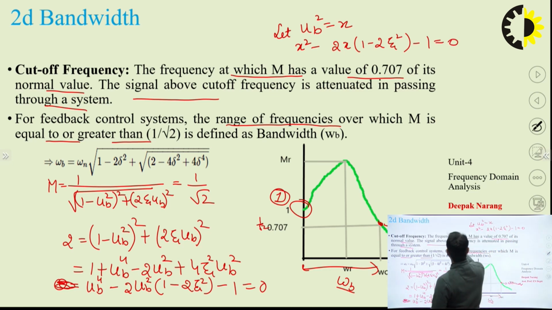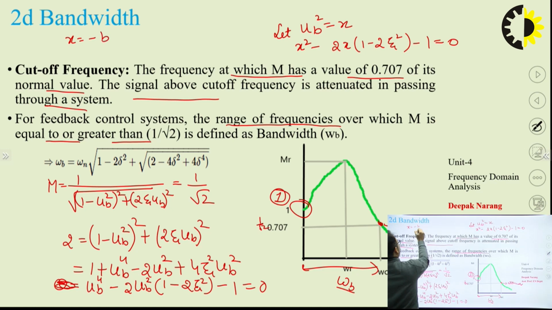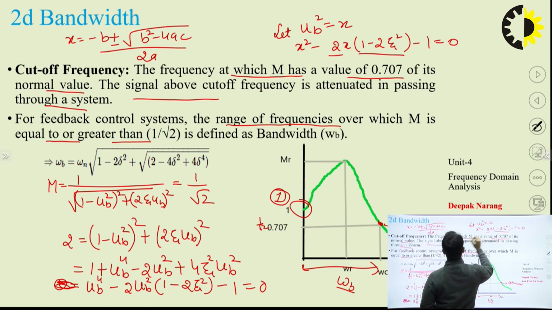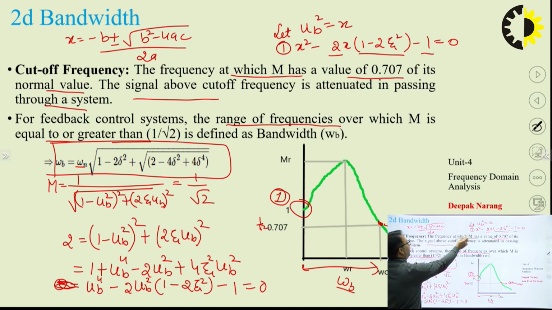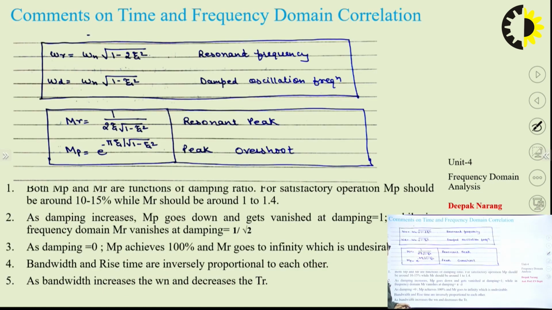By using the formula x is equal to minus b plus minus root of b square minus 4ac upon 2a, where b is this factor, a is 1, c is minus 1, we get the bandwidth or range of frequencies, by putting these values into this quadratic equation. So this is the value of cutoff frequency.